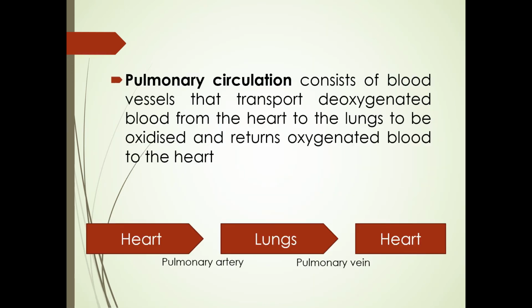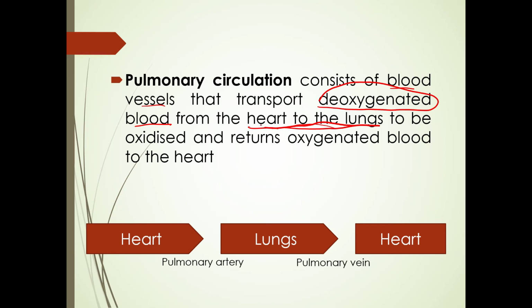Pulmonary circulation consists of blood vessels that transport the deoxygenated blood from the heart to the lung. This one I already told you just now.